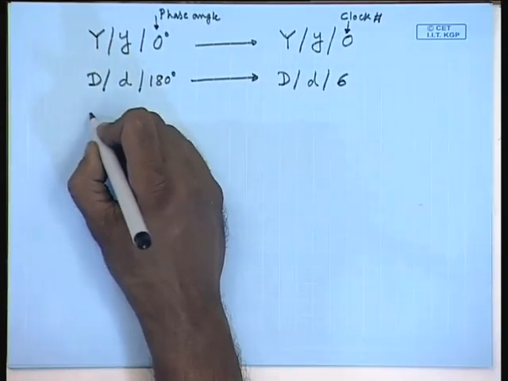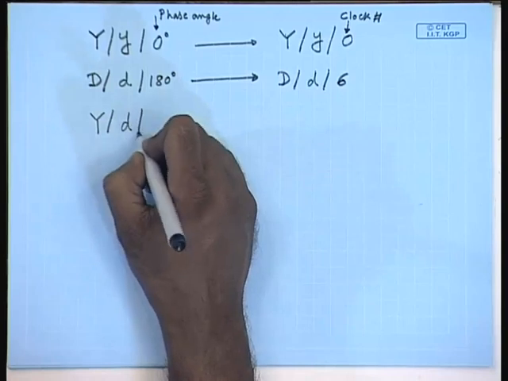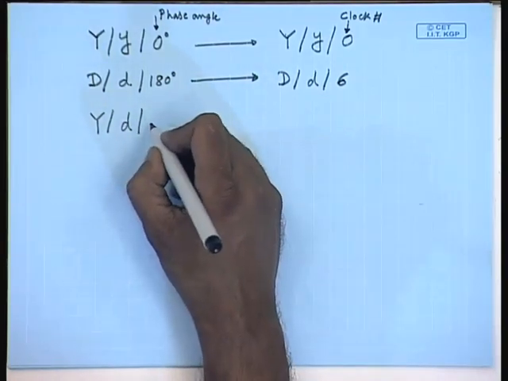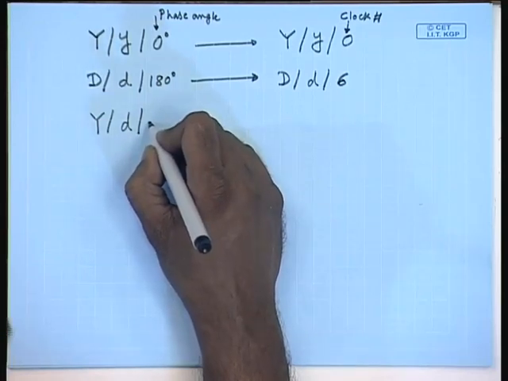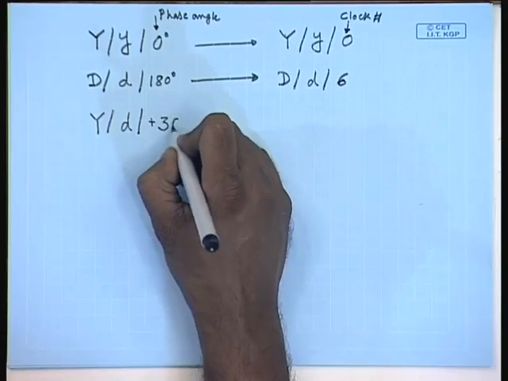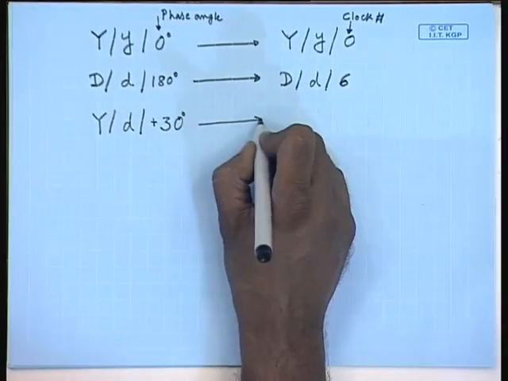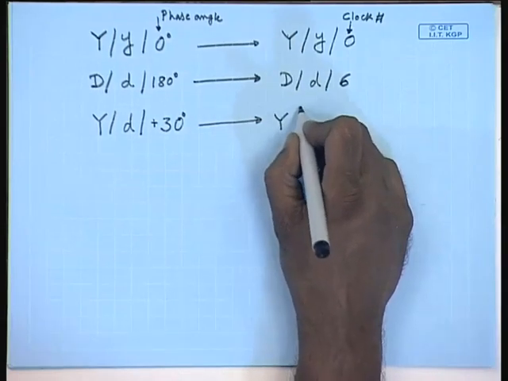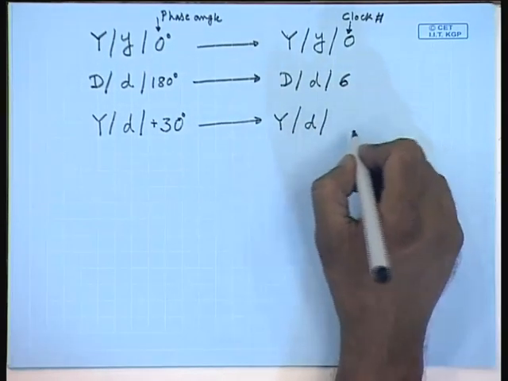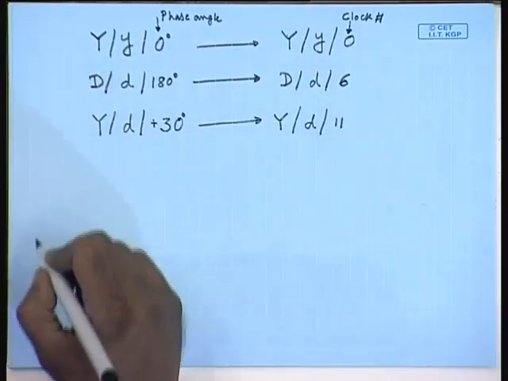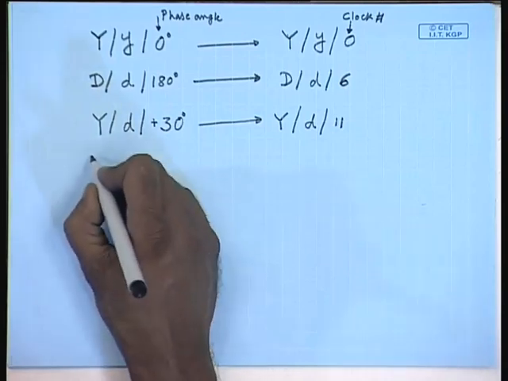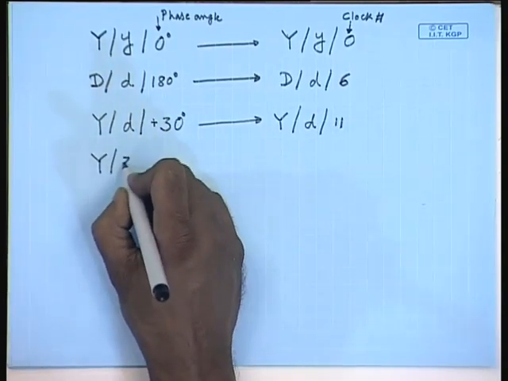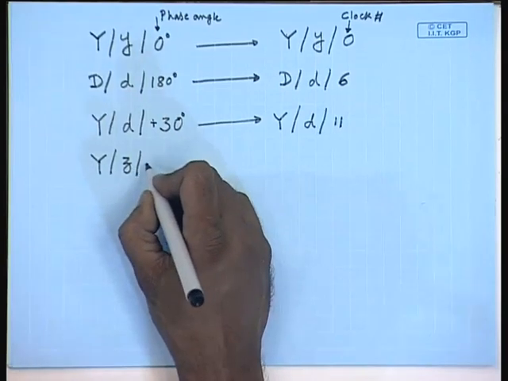Let us say YD plus 30 degree. The corresponding clock number representation will be YD 11. Let us say YZ minus 30 degree.